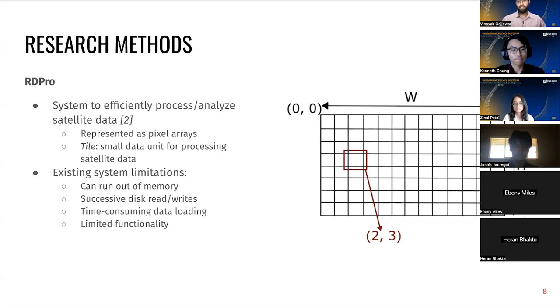Chunking data into tiles lets us spread out the computation across computers, which is something that existing systems like Google Earth Engine or GeoTrellis don't do. Because of that, they suffer from limitations, such as running out of memory or having too time-consuming a data loading step. On the right here, you can see my diagram, which represents a tile in satellite data.